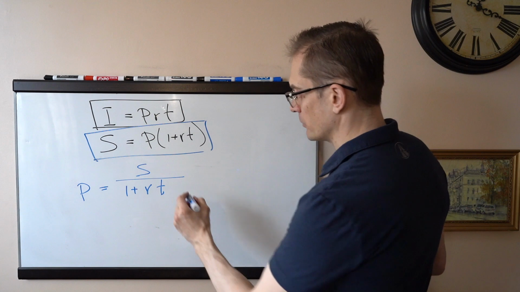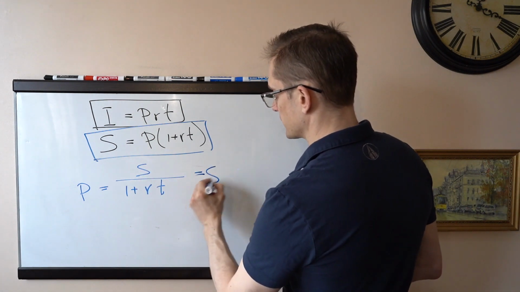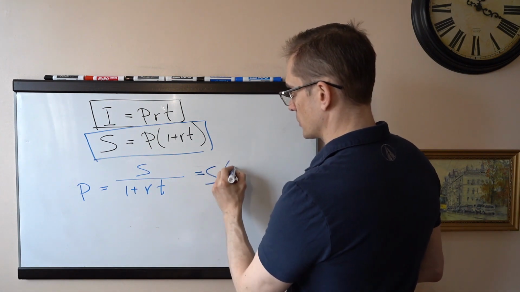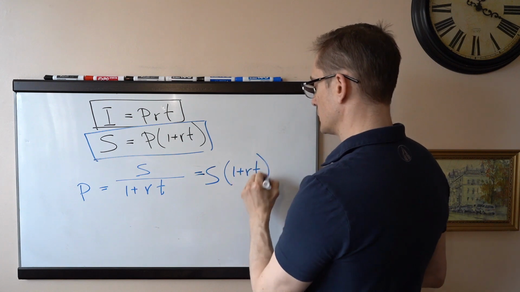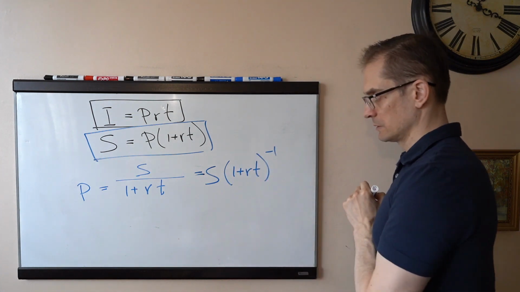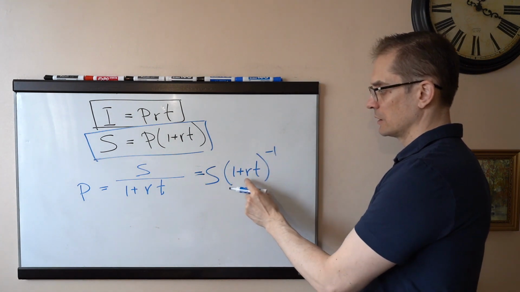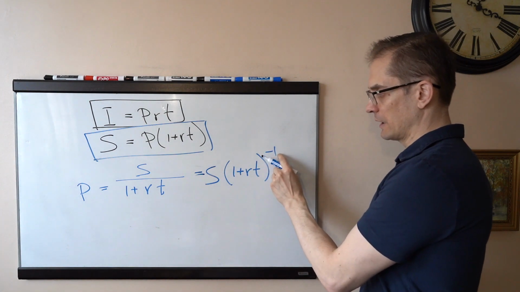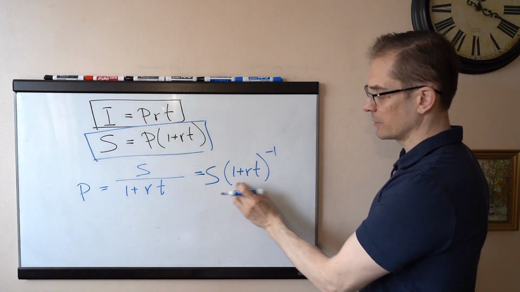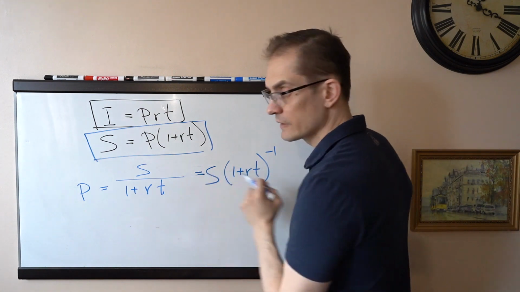Using this, we can write the same formula as S times 1 plus RT to the power minus 1. Why? Because 1 plus RT to the power minus 1 is the same as 1 divided by 1 plus RT, which is the case here.